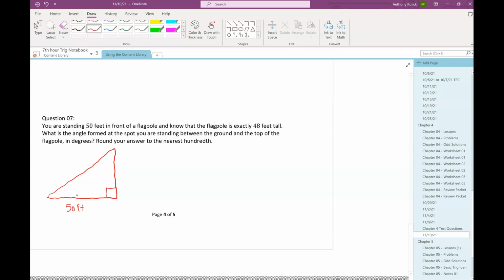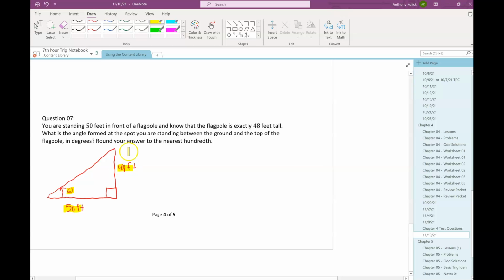It says you're standing 50 feet from a flagpole, and you know the flagpole is exactly 48 feet tall. What is the angle formed at the spot you are standing between the ground and the top of the flagpole? So we're looking for that angle there. Relative to this angle, the 50 is adjacent.